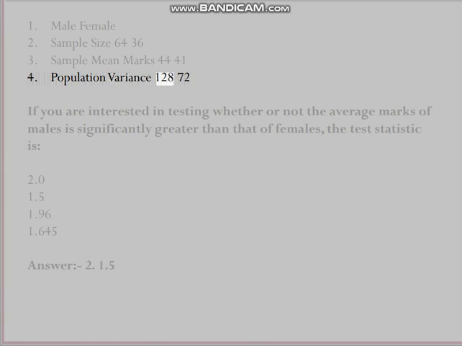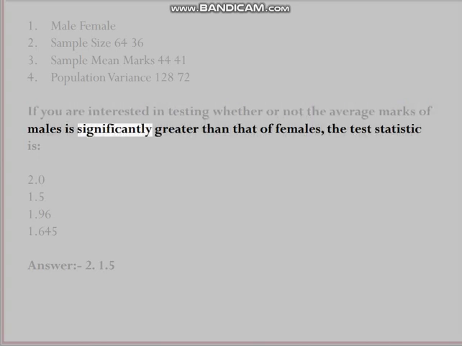Population variance: 128.72. If you are interested in testing whether or not the average marks of males is significantly greater than that of females, the test statistic is: 1. 2.0, 2. 1.5, 3. 1.96, 4. 1.645. Answer 2. 1.5.